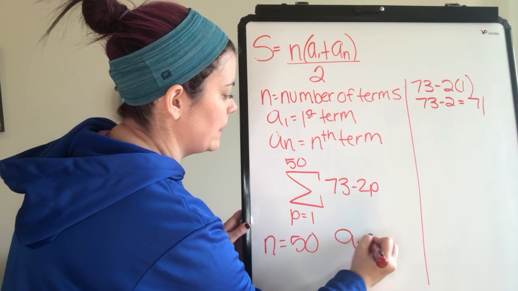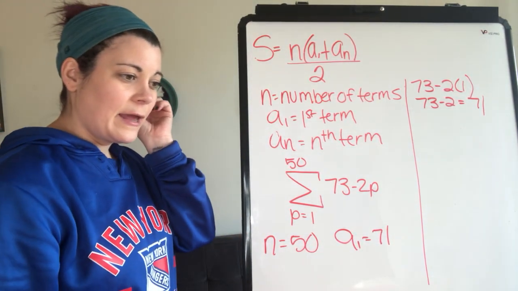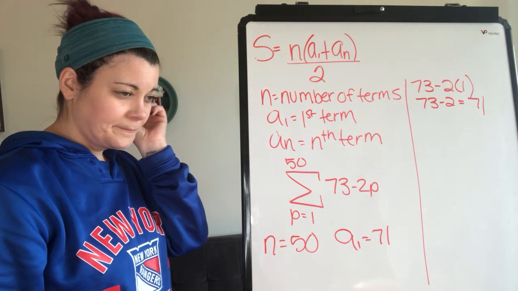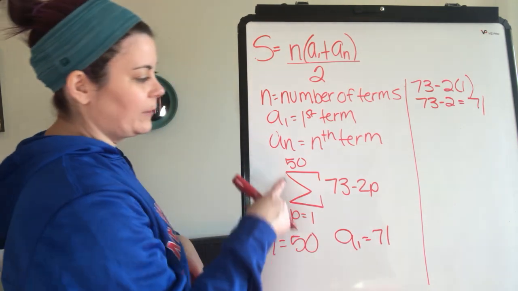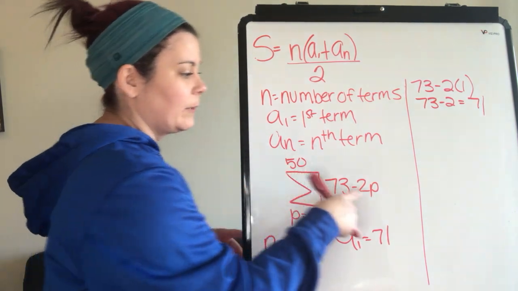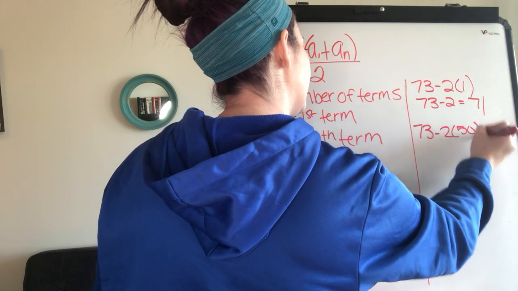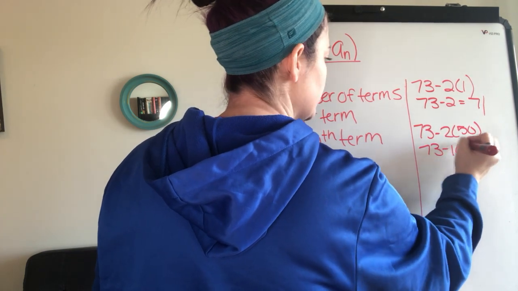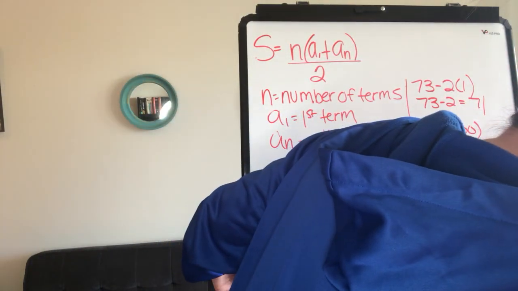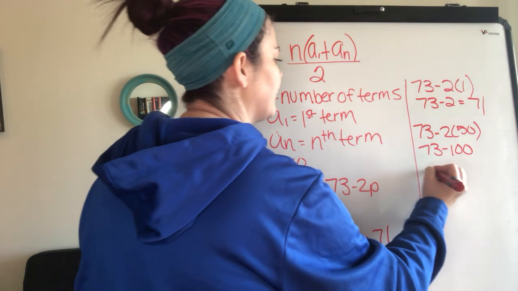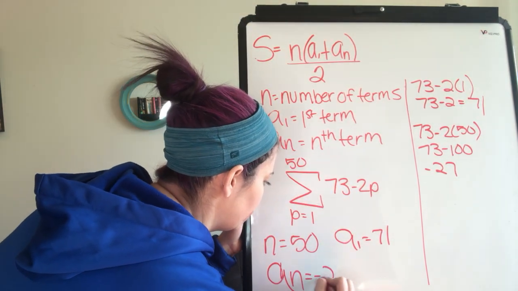So A1 is equal to 71. And then we have a to the n, which is the last term. Since we know the last term is number 50, we plug in 50 there. So 73 minus 2 times 50, 73 minus 100, and that is negative 27. So a to the n is equal to negative 27.